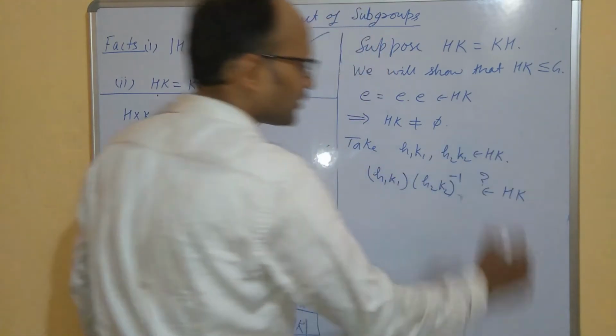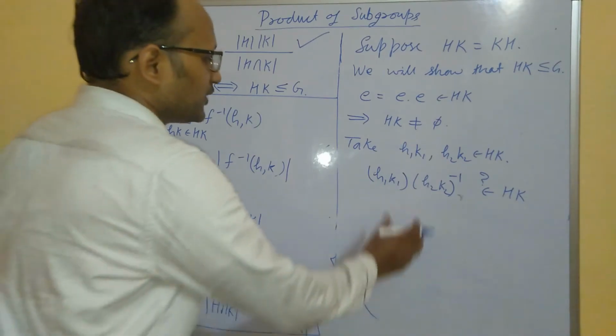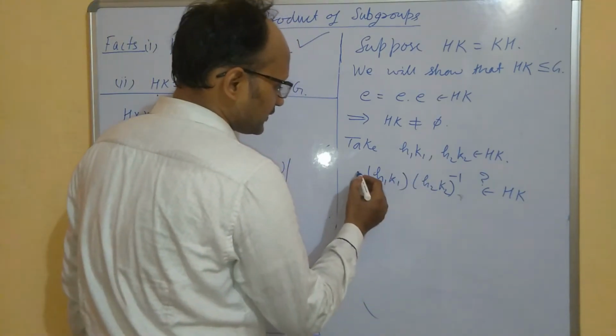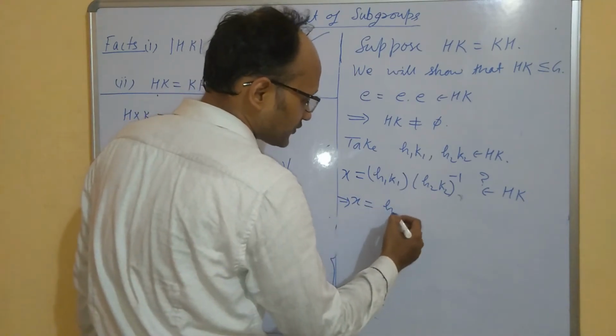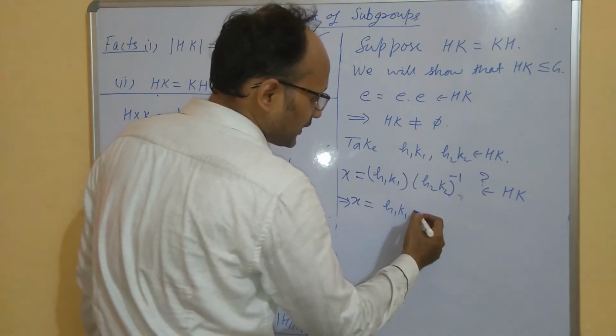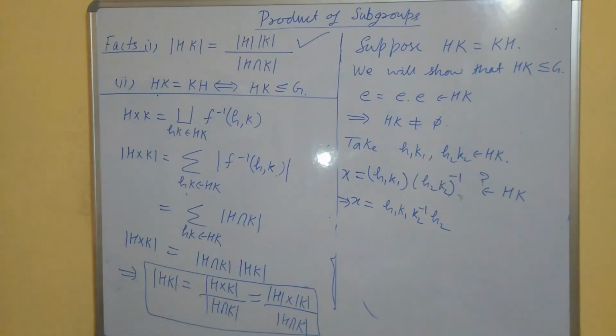This is what we want to show. So now what is this element? Let me call it X. So X is equal to h1 k1 k2 inverse h2 inverse. We can write it like this.